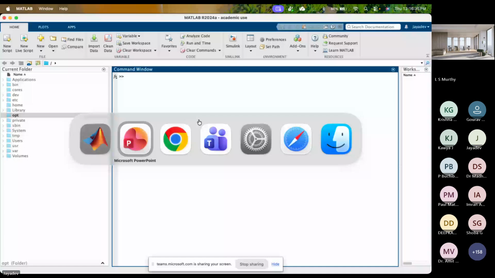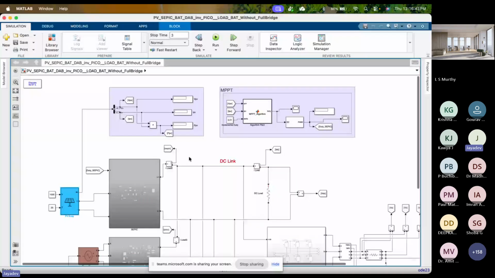With that, you can define. I have used a constant irradiation value and constant temperature to simulate this. Then I sense the PV voltage and PV current, and I have implemented the P&O algorithm to track the maximum power.